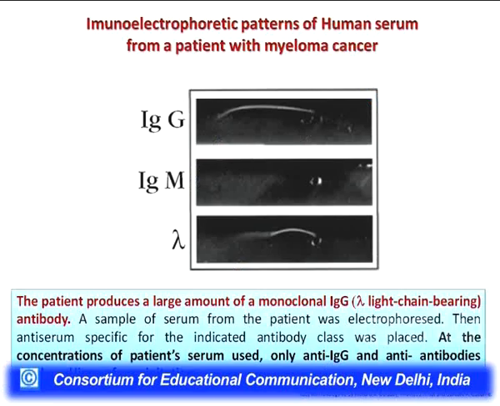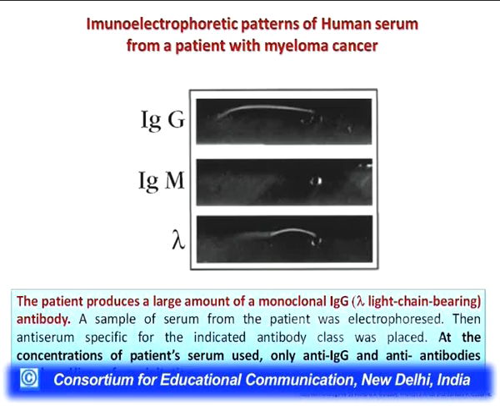So in the case of the myeloma cancerous patient, we can easily see that in the IgG there is a precipitin line which is formed, while in the case of the lambda light chain there is also a formation of the precipitin line, while in the case of IgM there is no precipitin line.